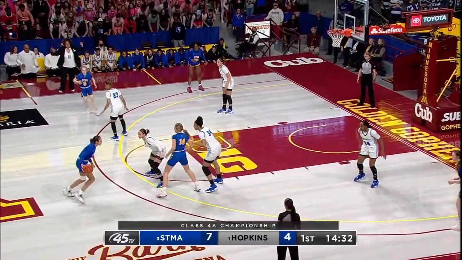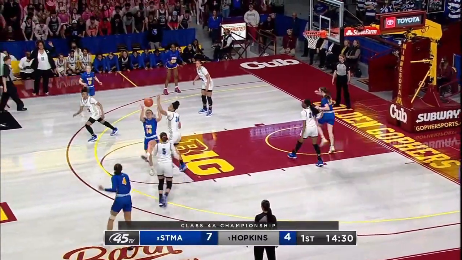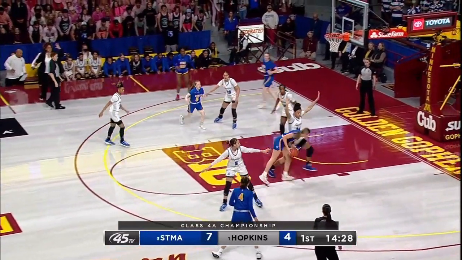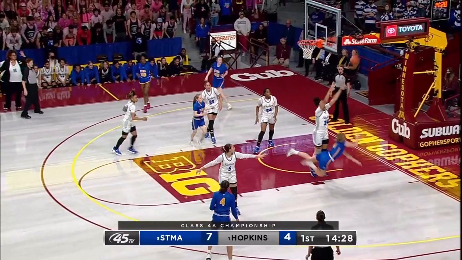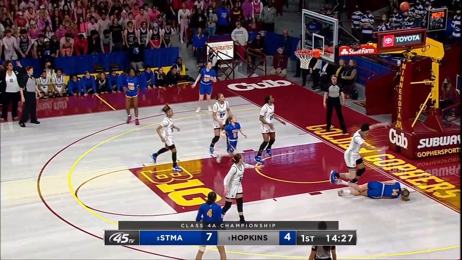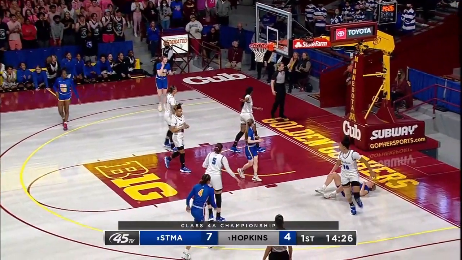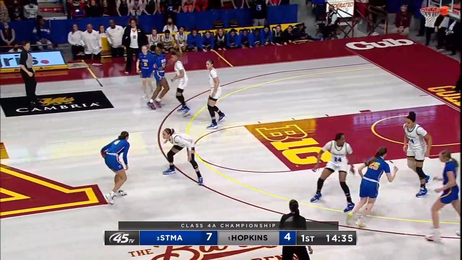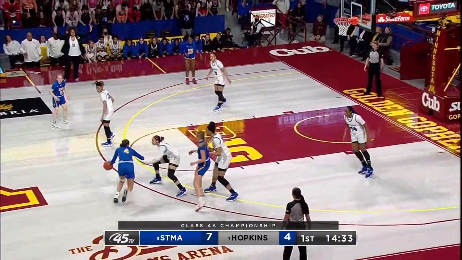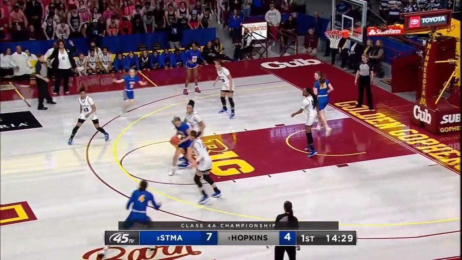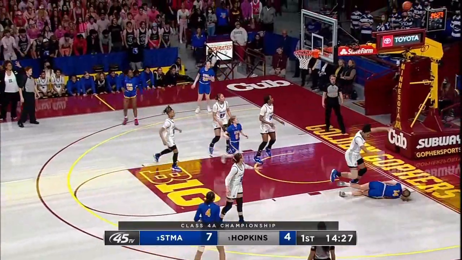So first, let's talk about legal guarding position. This defender has legal guarding position established and then maintains it legally by sliding down that lane line and does not move into the shooter. The shooter goes right down that lane line in a straight line, and the defender maintains her legal guarding position legally.